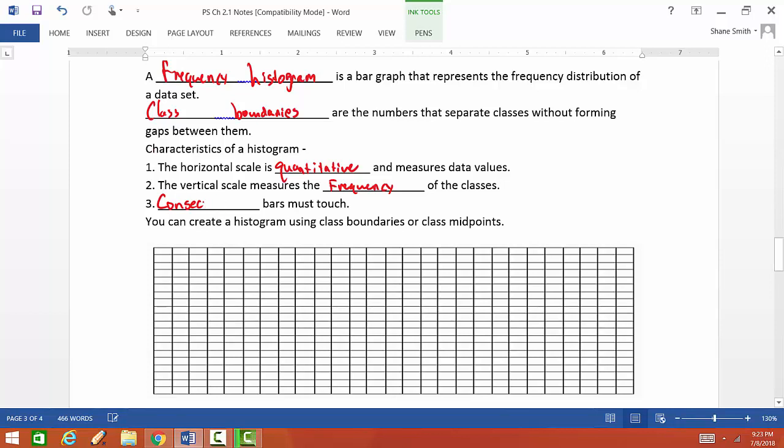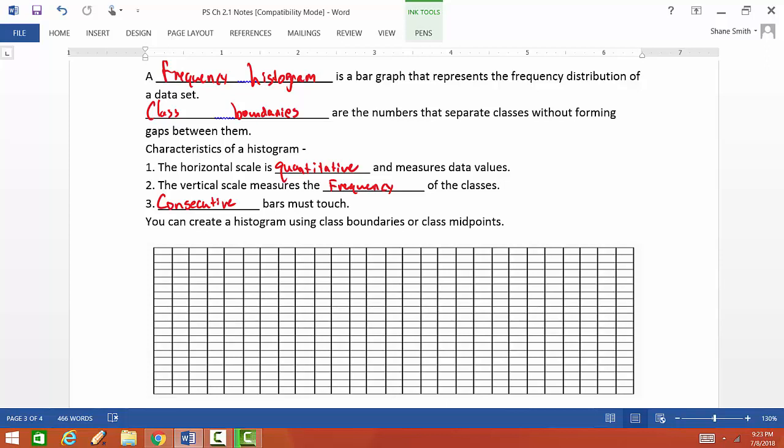Now, if you use Google Sheets for this, you can't get the bars touching, and it really perturbs me. So I would advise using Excel. I'll show you how to make histograms and other types of graphs using Excel mostly. Use Excel because it has more features anyway, and it's more useful to you in the future if you know Microsoft Excel than Google Sheets.